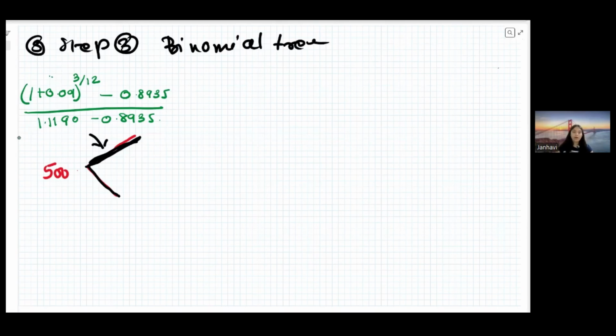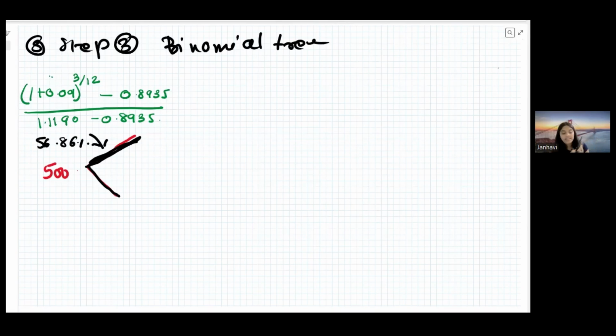So that will give you your answer as 56.86%. This is the probability, you have a 56% probability that the 500 value might go up to whatever value we'll be finding here.